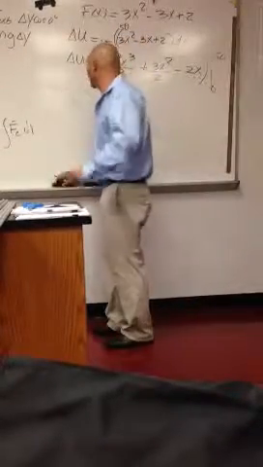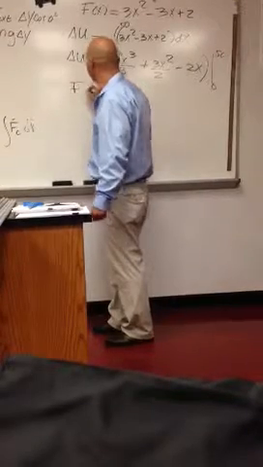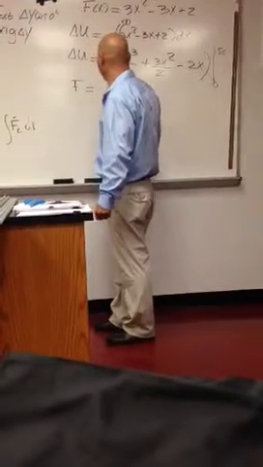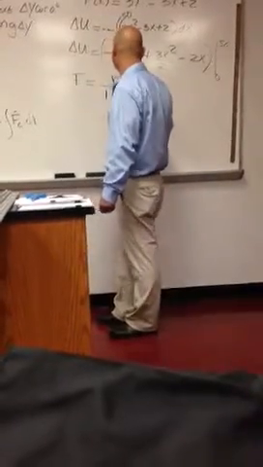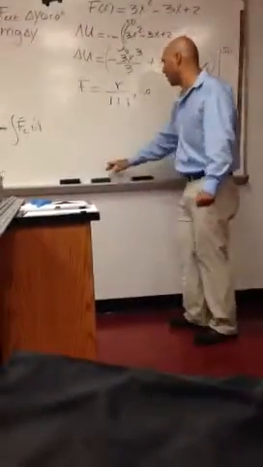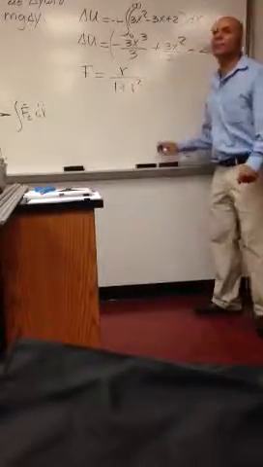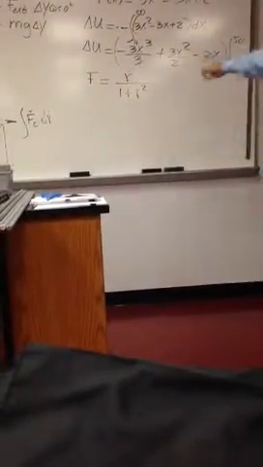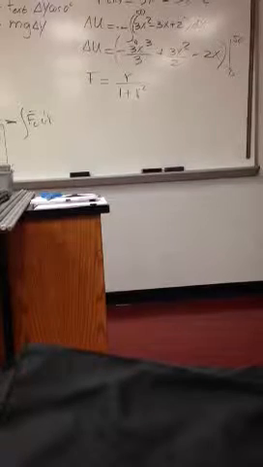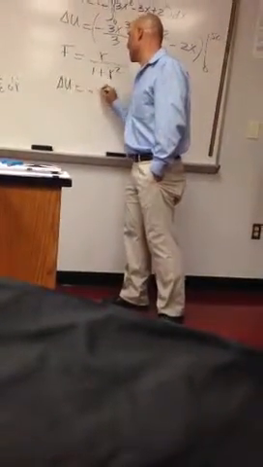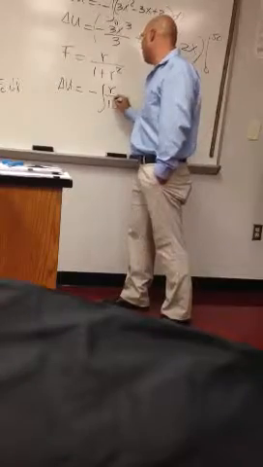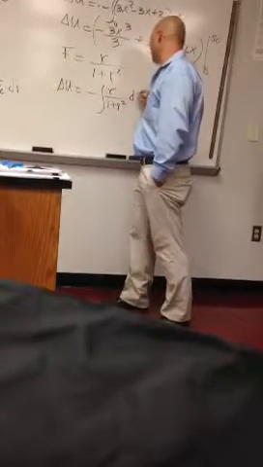Let's say, again, if I give F as a function of r over 1 plus r squared dr, and that's a conservative force, let's say, find the change in potential energy. What do we do? We integrate. Again, delta U is negative the integral of r over 1 plus r squared dr.